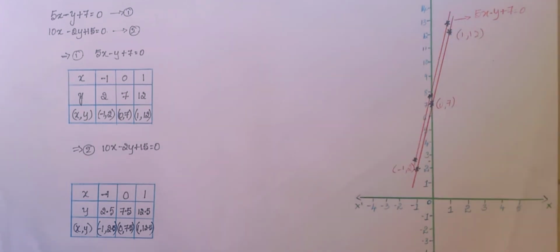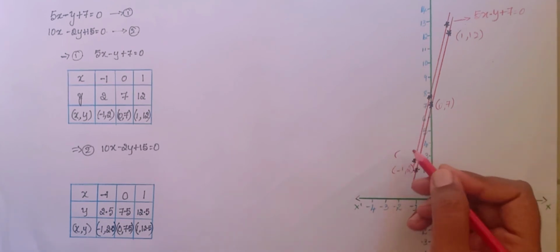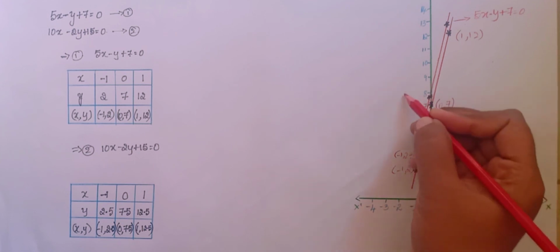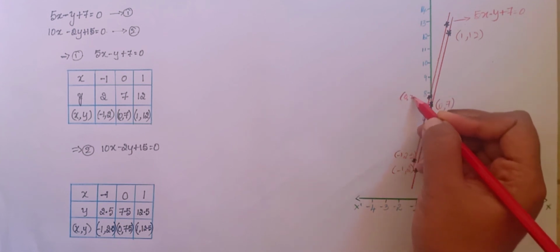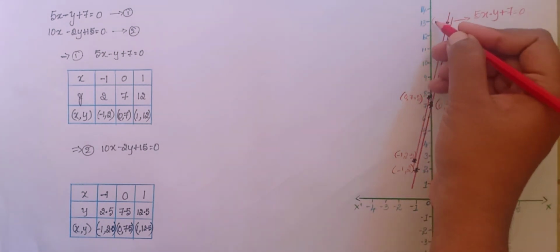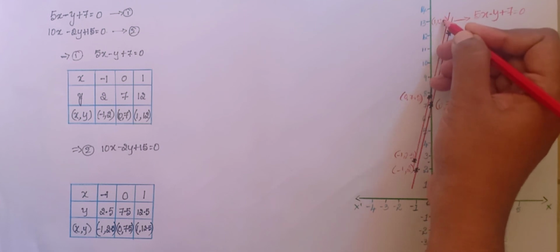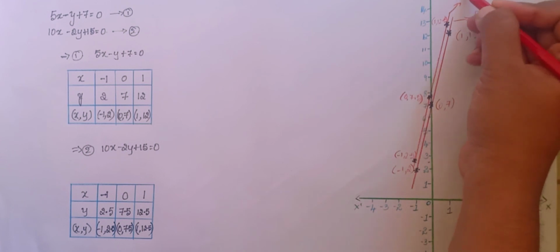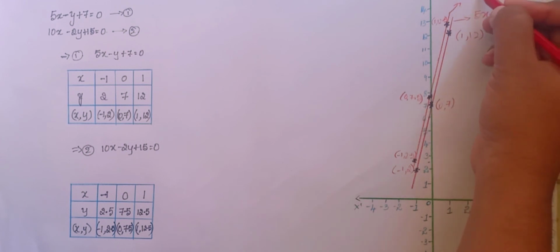Joining all the points, we got another straight line. I'll mark the points: first one -1, 2.5. Next one 0, 7.5. And other one is 1, 12.5. And the equation we have for this is 10x minus 2y plus 15 equals 0.